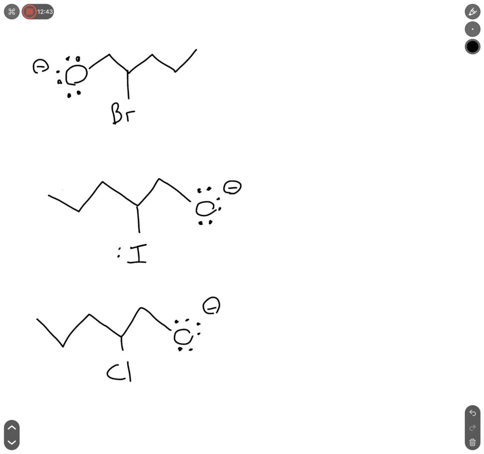So now at this point, we must focus on our halides, since of course these structures are almost identical except for the halides that are present. So now, out of all these halides, which one would be the most electronegative? And on the periodic table, that would be the chlorine.